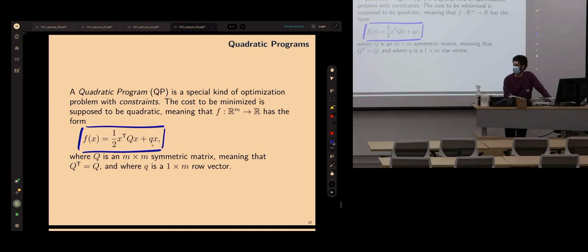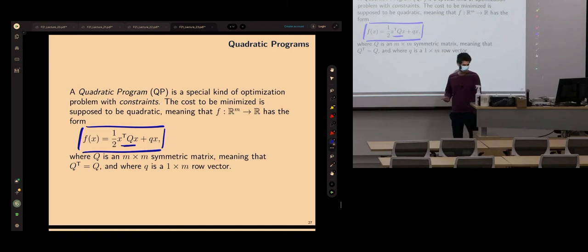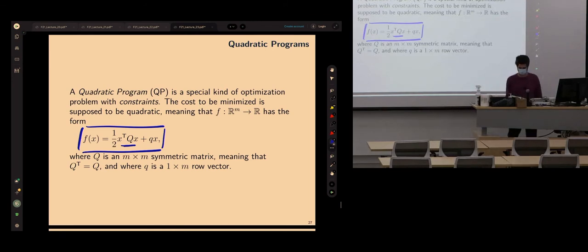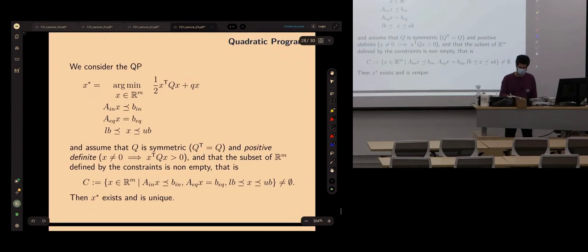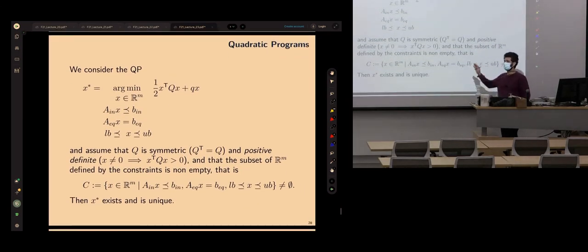So row vector times X column gives you a scalar. This part will also give you a scalar. Q is assumed to be a symmetric matrix. That means Q transpose is the same as Q. So if you have an objective function of this form, plus some constraints, this is a quadratic program, but the constraints must be of this form.